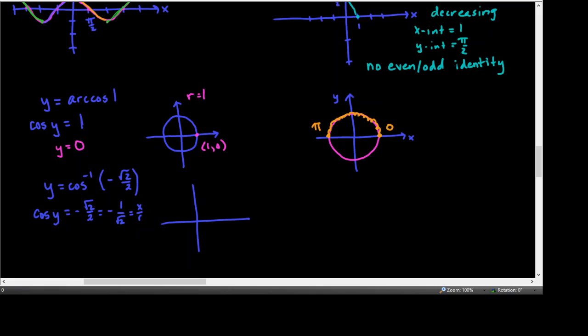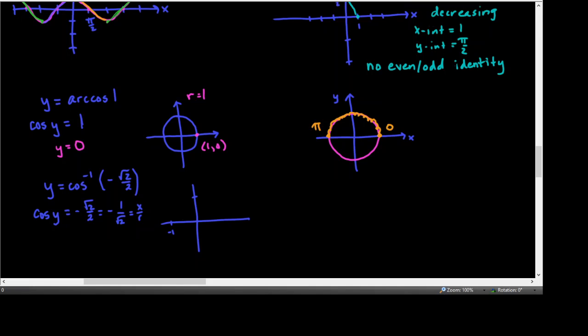So I want to draw a right triangle in standard position. Well, the angle will be in standard position such that x is -1 and r is square root of 2. Let's make it a little bit bigger. So let's say it's -1.